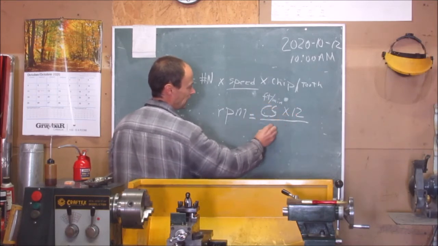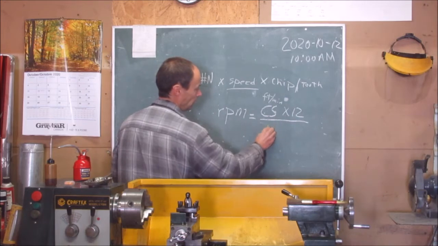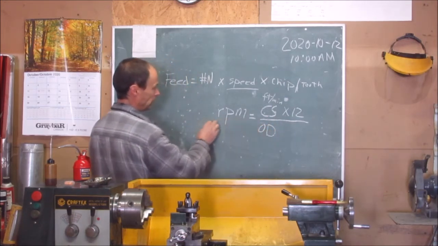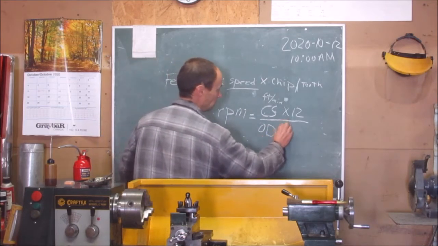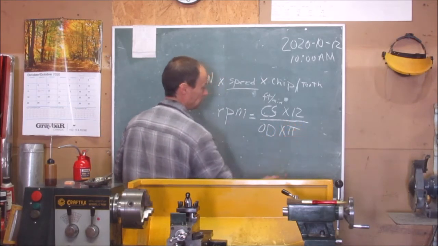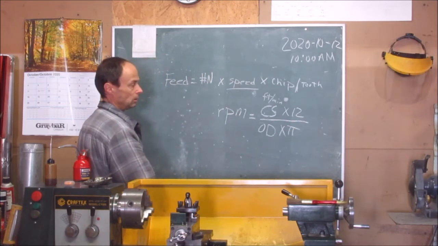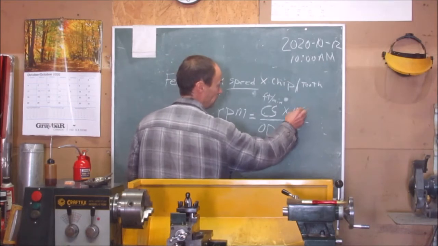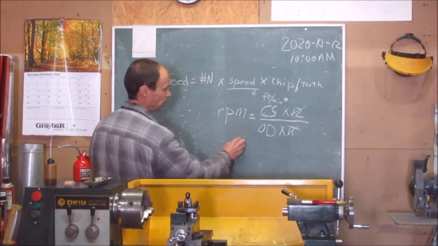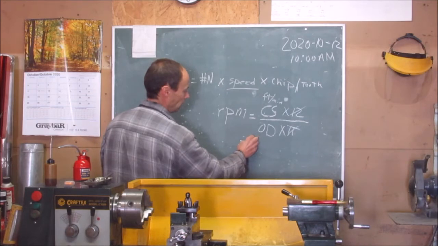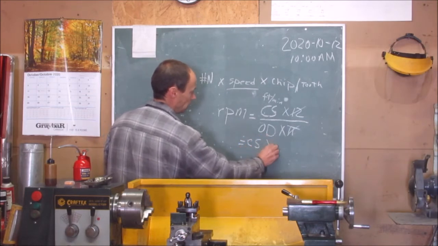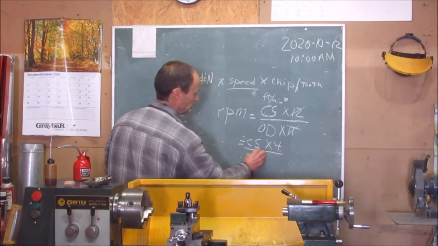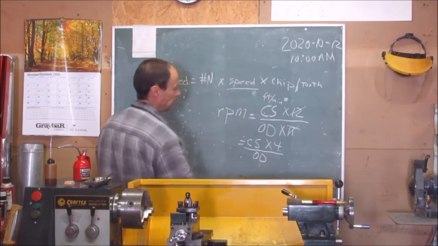So then I got inches. And the OD of that shell mill times pi. Okay? So in this instance, this cancels out, and I'm left with times 4 over diameter of shell mill.